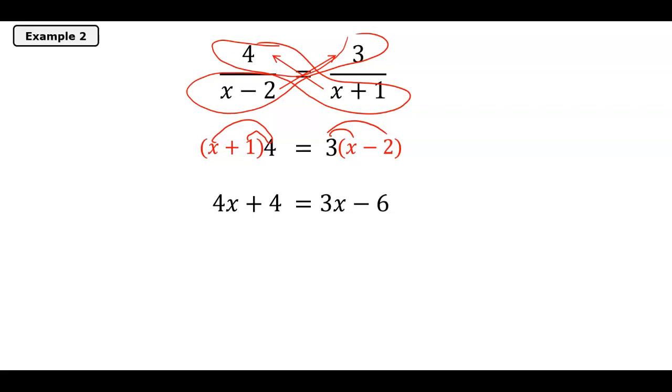How do I get rid of a positive term? Subtract 3x. When you have an x on both sides, you get rid of the smaller x. So we're going to subtract 3x on both sides. 4x minus 3x gives me 1x. Bring down the 4, bring down the negative 6.